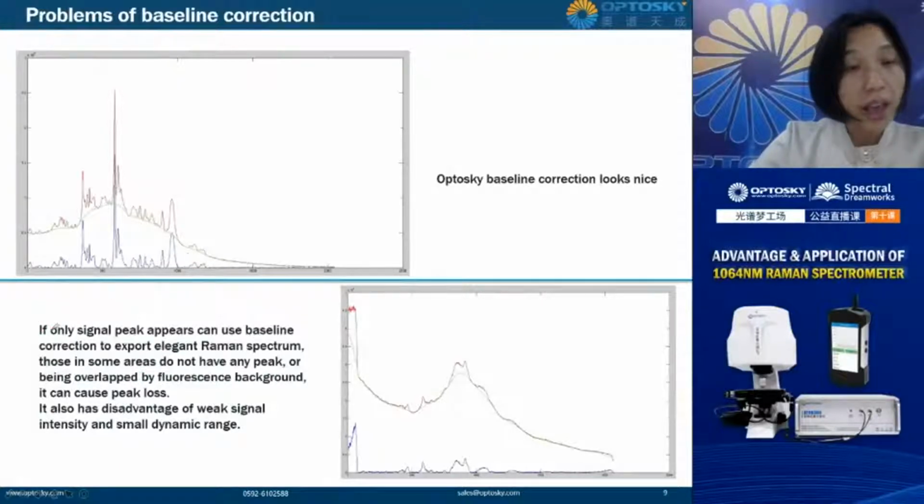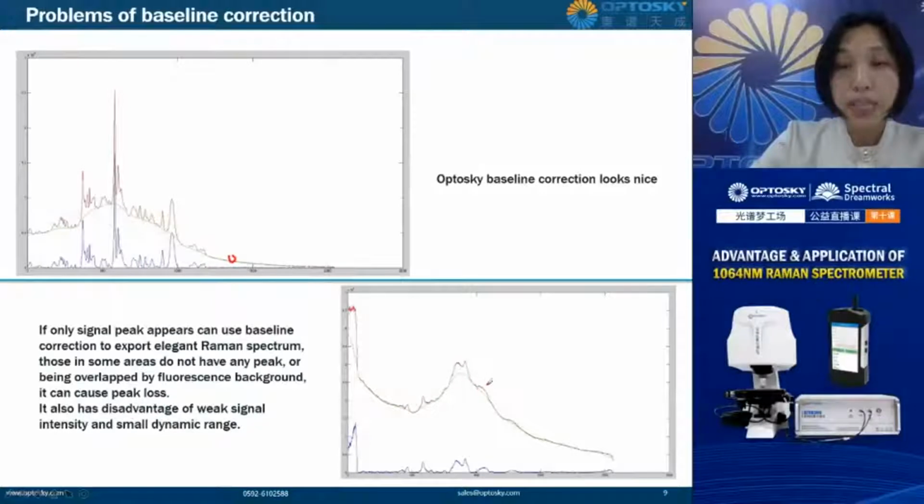However, if this one should have a peak but it didn't appear, after baseline correction the peaks also collapse. So if only a single peak appears, you can use baseline correction to export a nice Raman spectrum. Those in areas that do not have a peak or are overlapped by the fluorescence background can suffer peak loss.